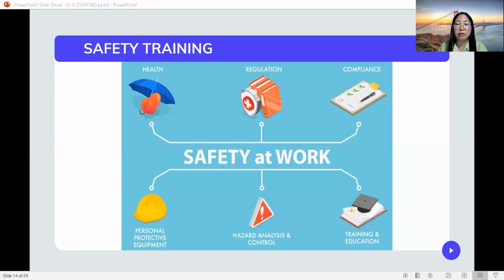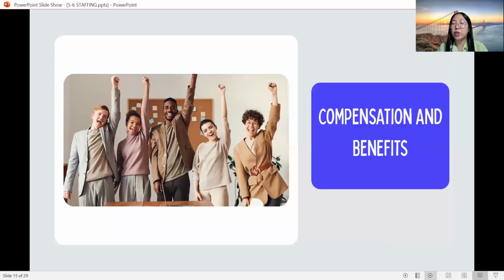So yung mga ganong type of training are included naman lagi kahit nasa school tayo or sa work na natin. So next topic we have here now is the compensation and benefits.